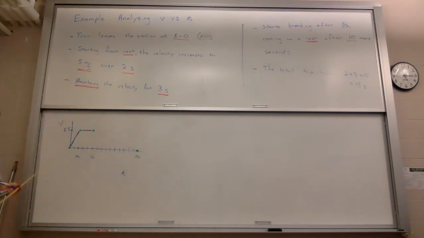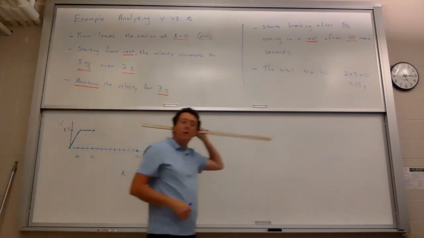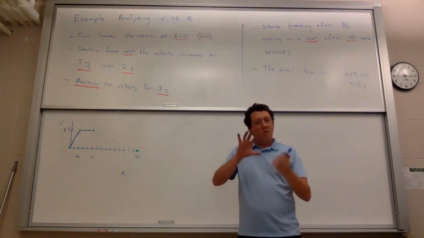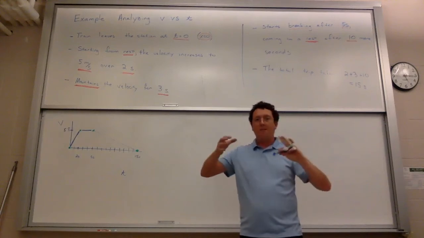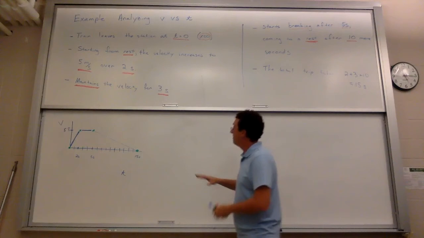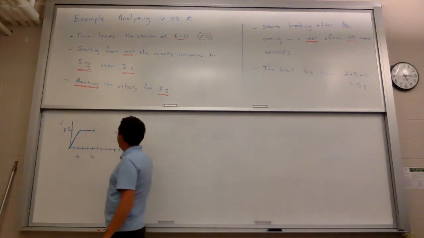All right. So that is the velocity versus time graph describing this story. That's a really important skill, to be able to read something and start piecing together graphs, and pretty soon we're going to have equations as well.